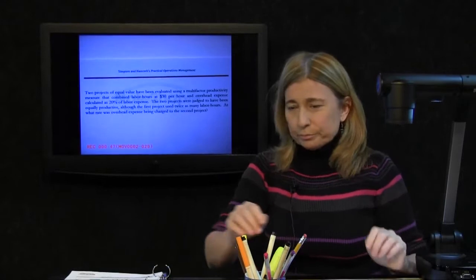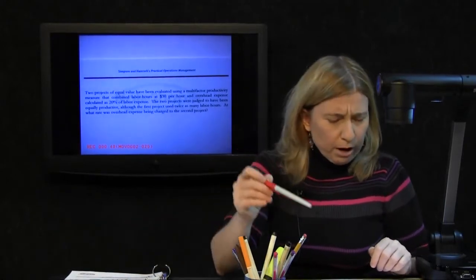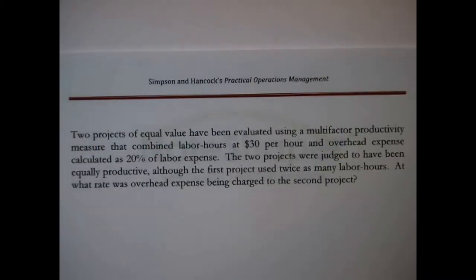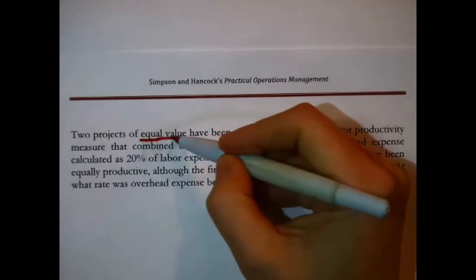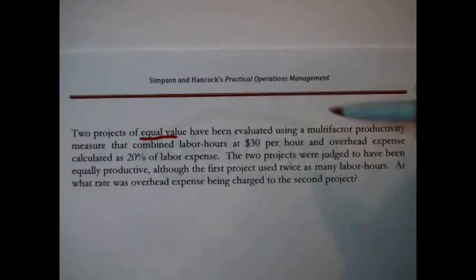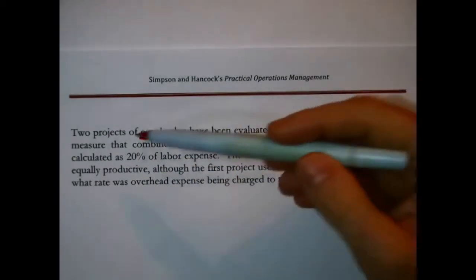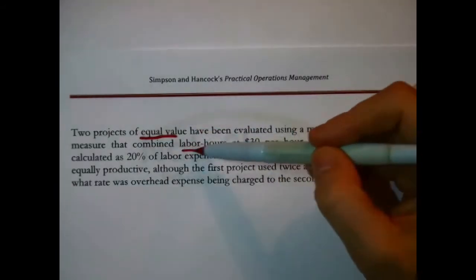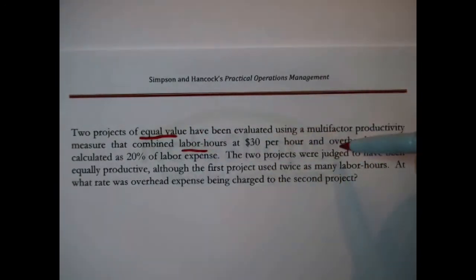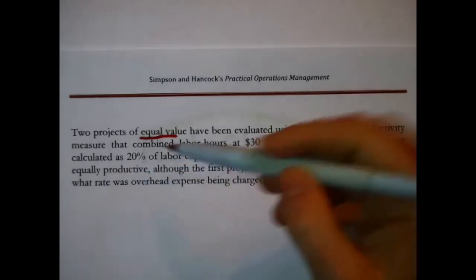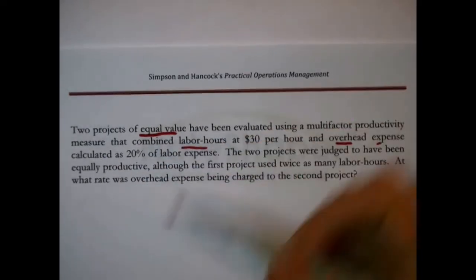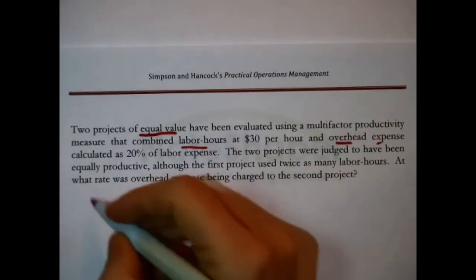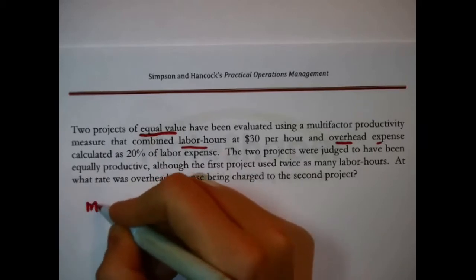Let's take a look. Two projects of equal value have been evaluated using a multi-factor productivity measure that combined labor hours at $30 an hour and overhead expense calculated at 20% of labor expense. Before we go any further, I can take some notes.